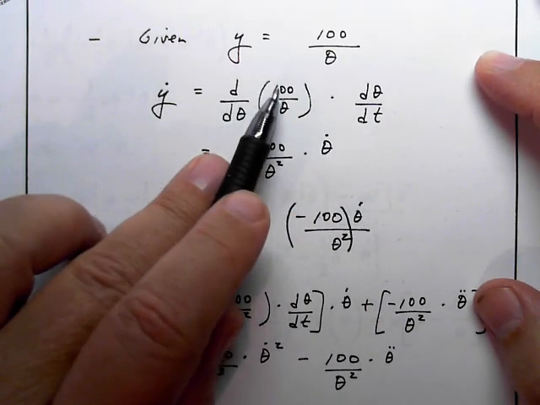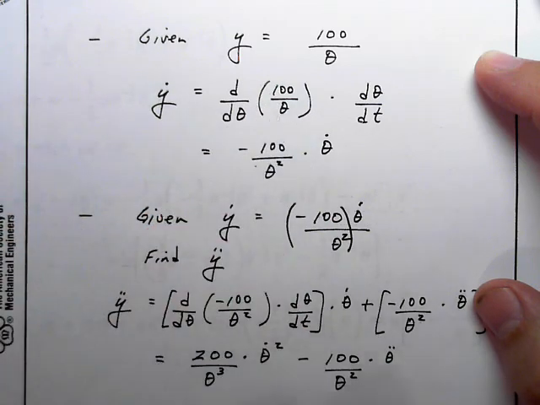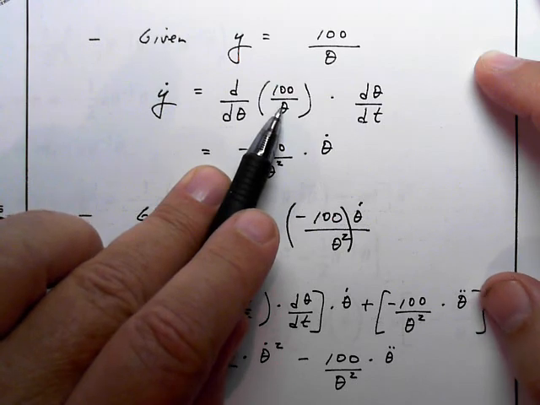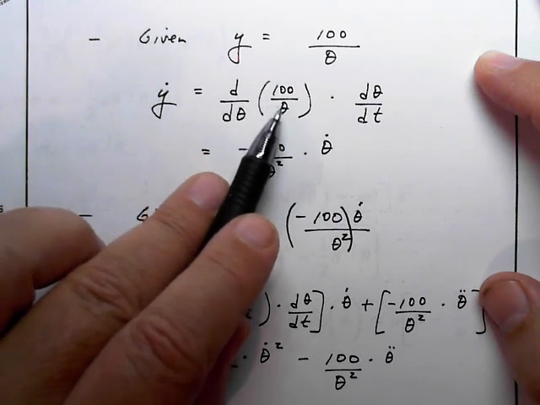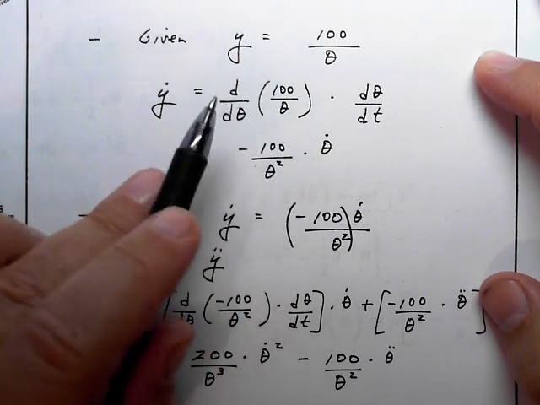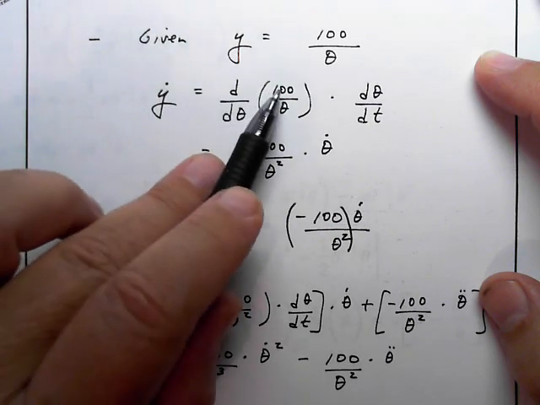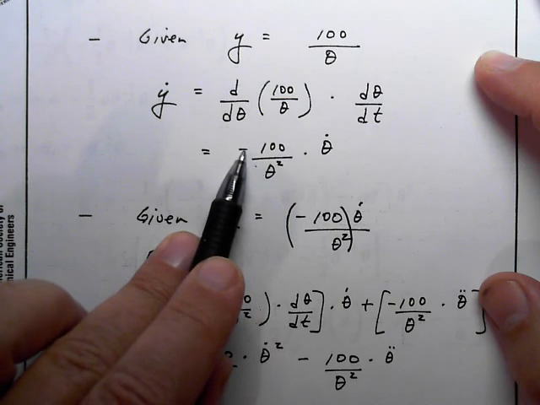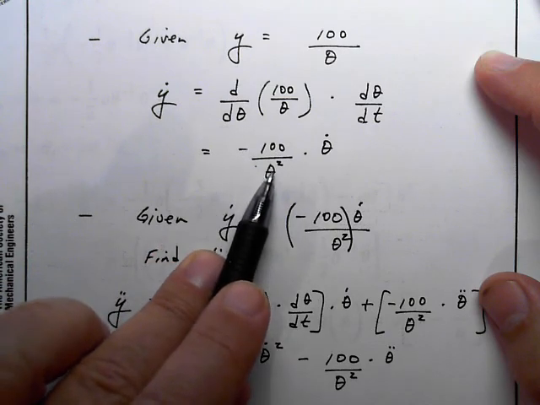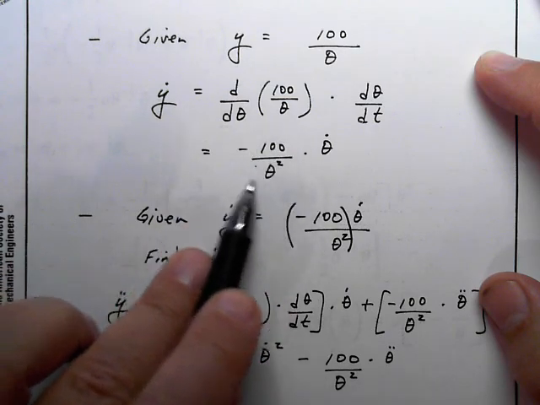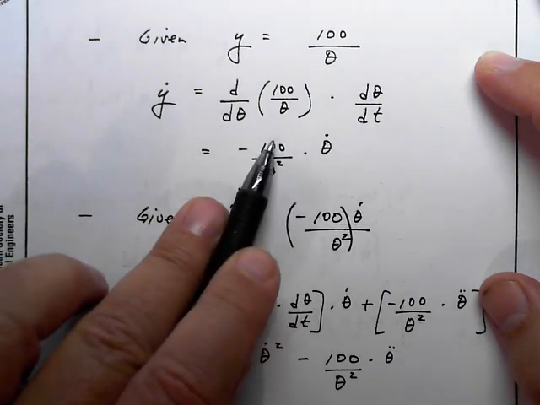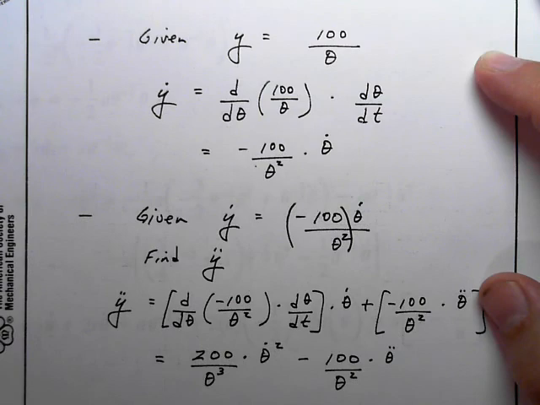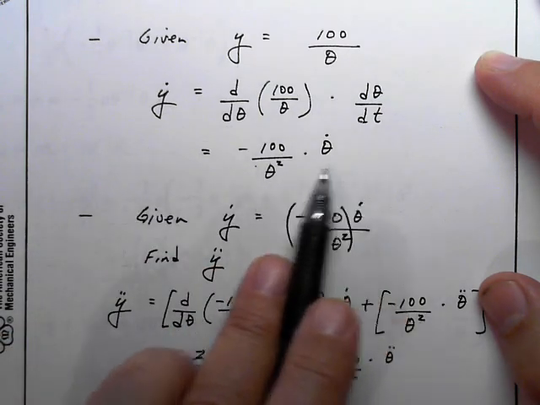The derivative of 100 over theta, which is 100 times theta to the minus 1, will become 100 times minus 1 times theta to the minus 2. So 100 times minus 1 multiplying theta to the minus 2. This piece is dy d theta. There's the theta dot piece that drops down from our chain rule. This is now our first derivative.